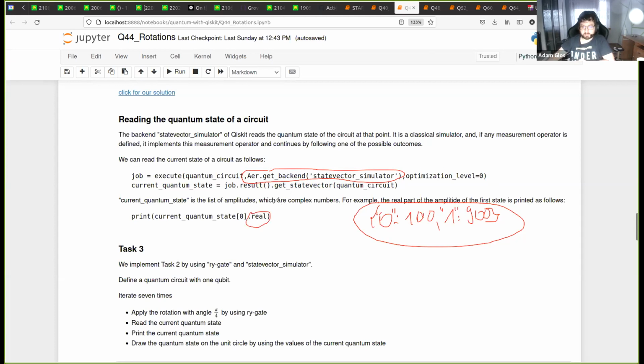This is a technical but important detail. What's important to remember is that getting such information, like the exact form of a quantum state, is not possible on a quantum computer. In a few minutes, I will show you that this can be approximately done, but only approximately.